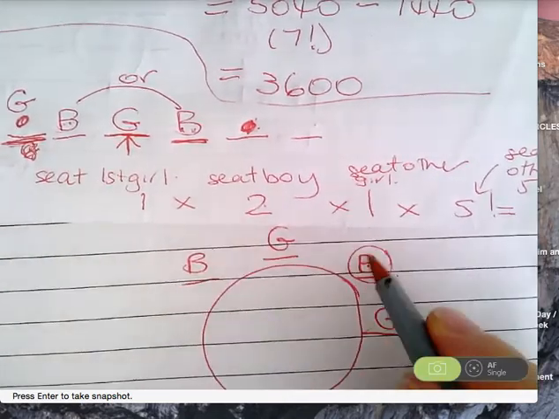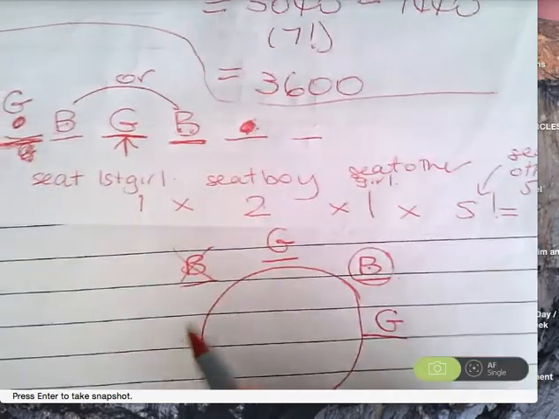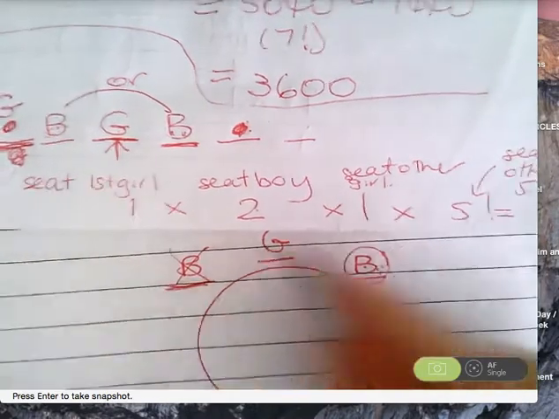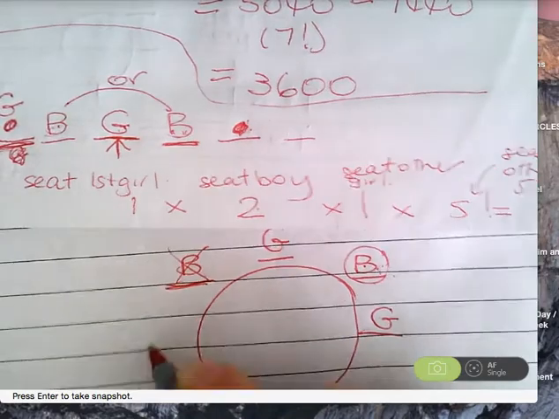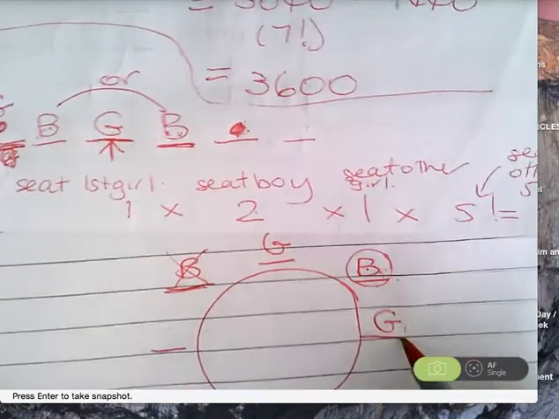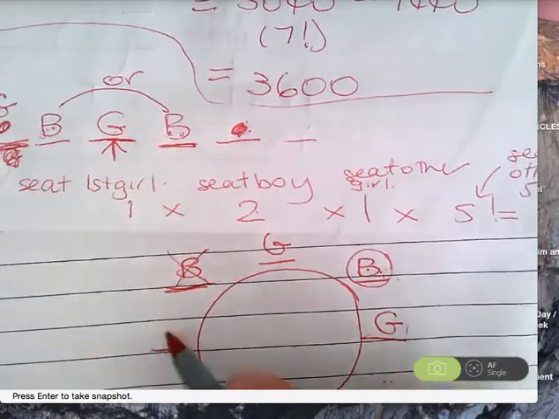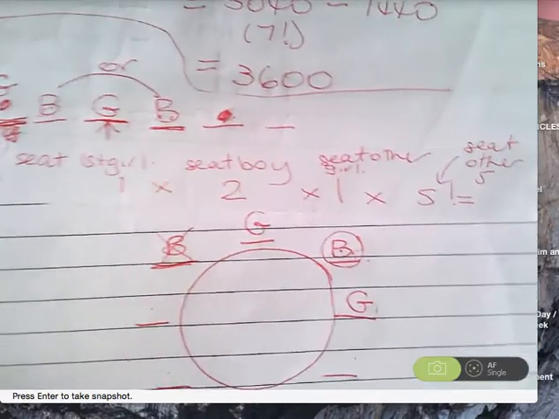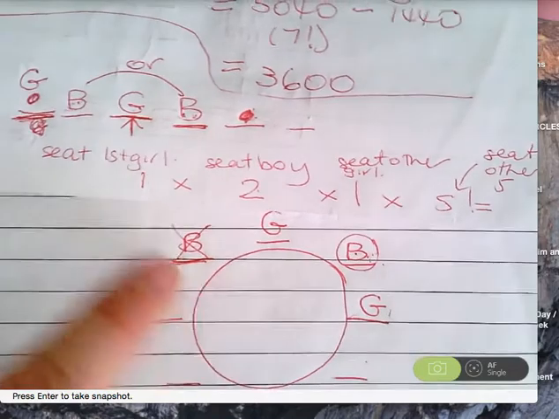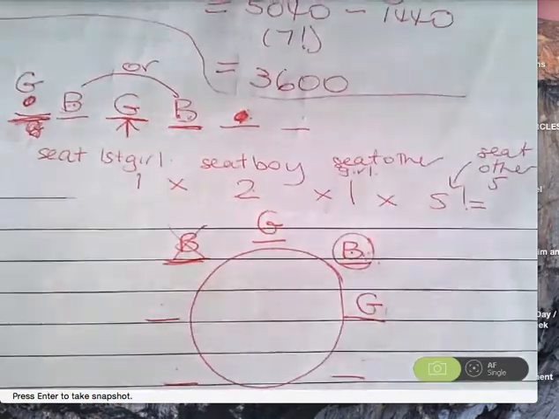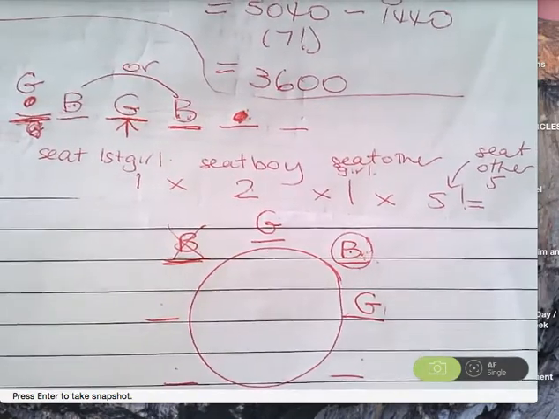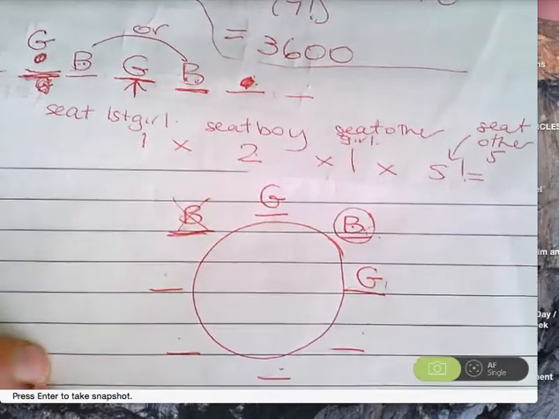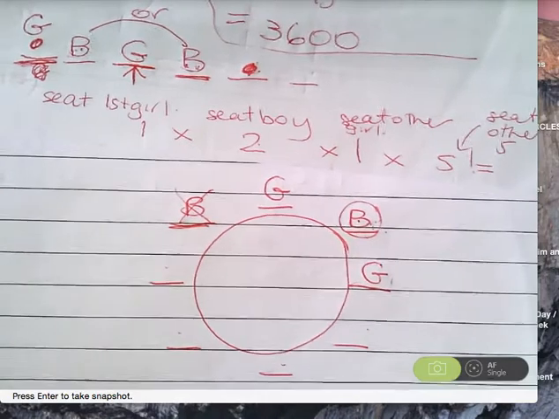So 3 people have sat down. There's 5 seats left. Seat the other 5 people, 5 factorial. See, even though the boy's got 2 choices, he only does sit in one of those spots. Got it? All right. Girls, you can just keep going.